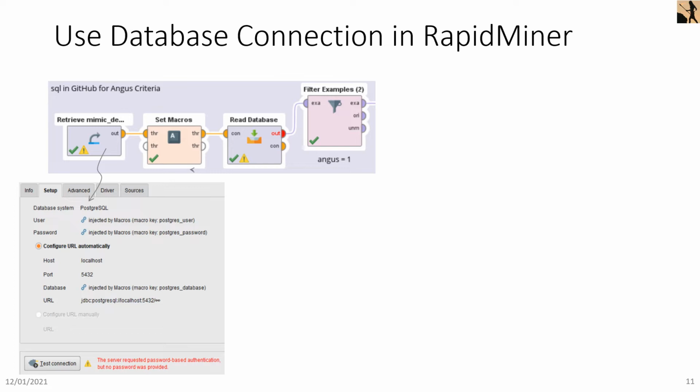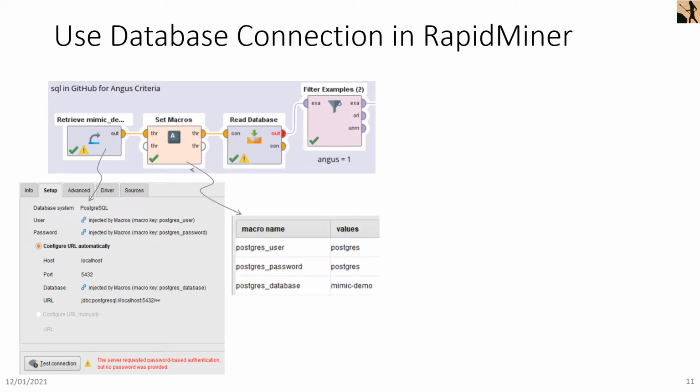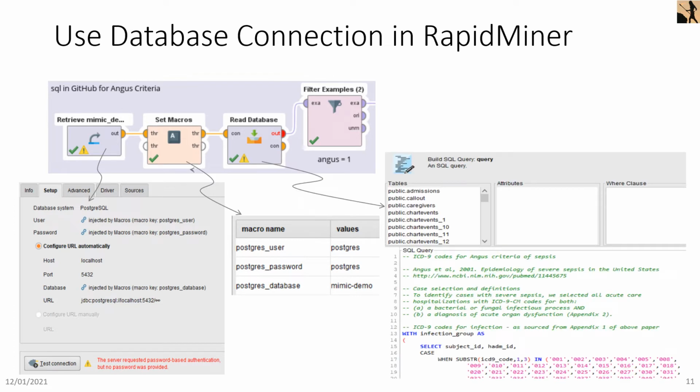In RapidMiner, we probably use a set macro to allow users to specify their own credentials when they are using this flow, so you don't have a flow available to everyone with your own password. This way, whoever uses this flow can enter their own credentials through this set macro operator.